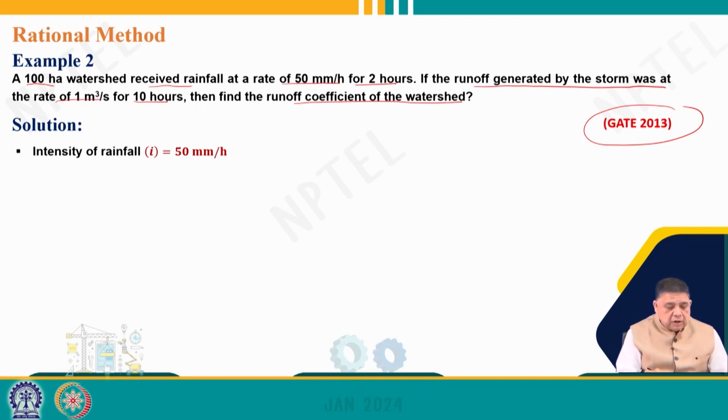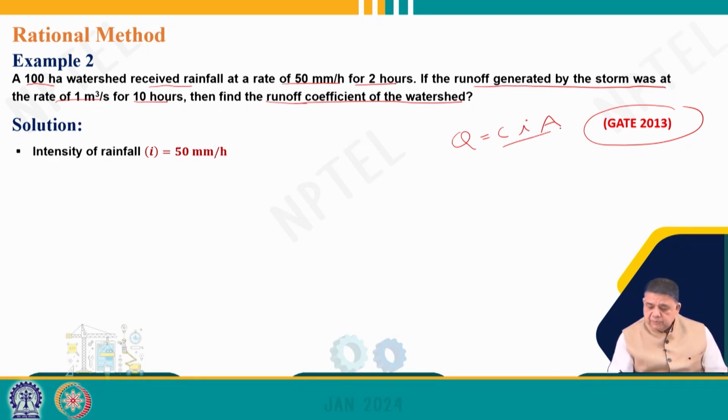Now, if we decide that we want to use the rational method, that means we need Q equals CIA. But in this case we have to get the runoff coefficient.